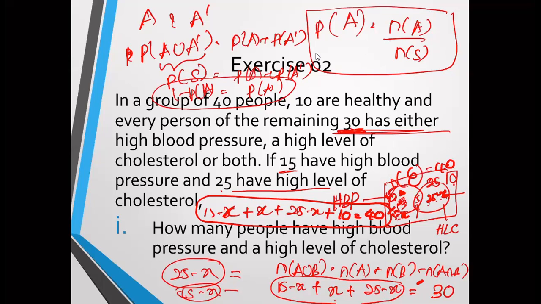If we subtract this 10 from both sides, finally we will get the same equation: 15 minus X plus X plus 25 minus X is equal to 30.